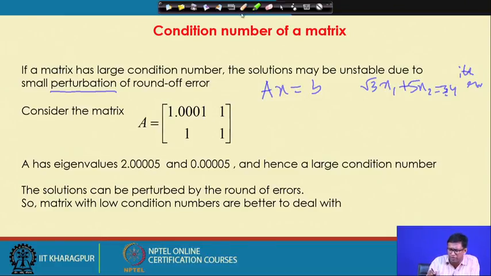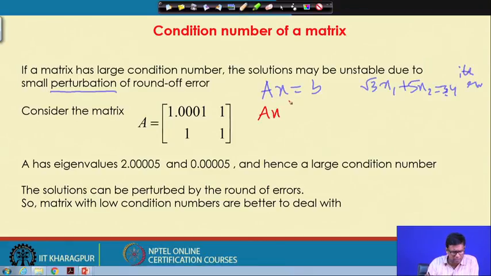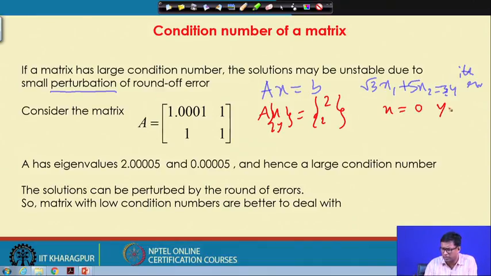Now, if I look into the equation Ax equals, say, 2, 2, and we solve it, we will get x equal to 0, y equal to 2.